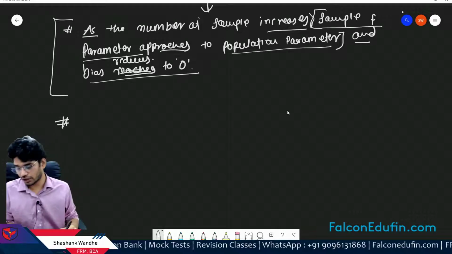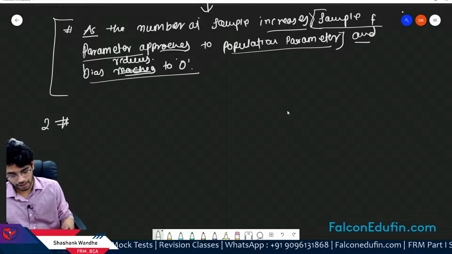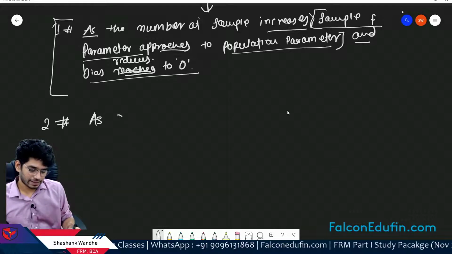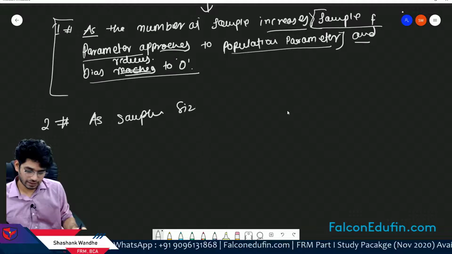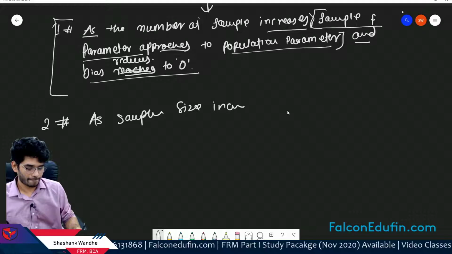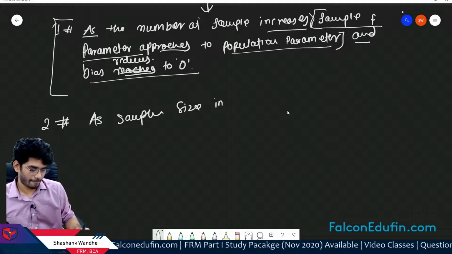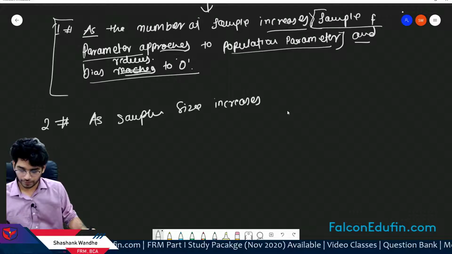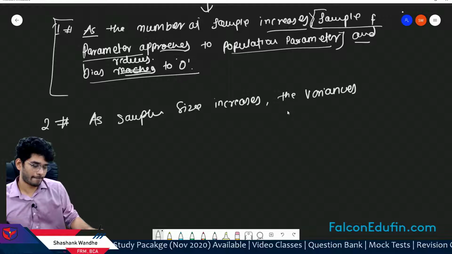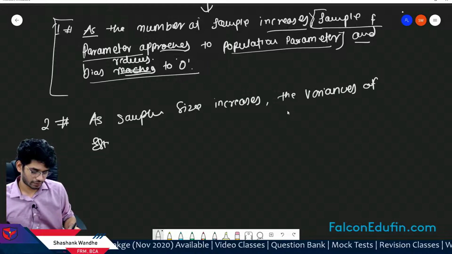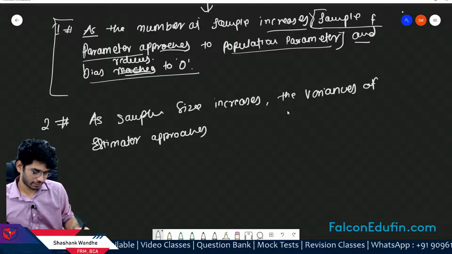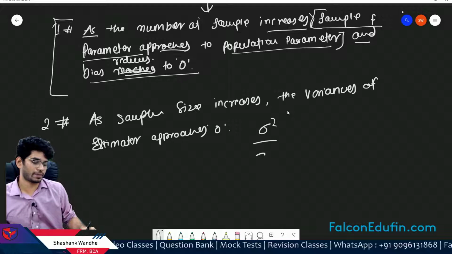Then the second, as sample size increases, the variance of the estimator approaches 0. Why so? The formula is sigma square divided by n.